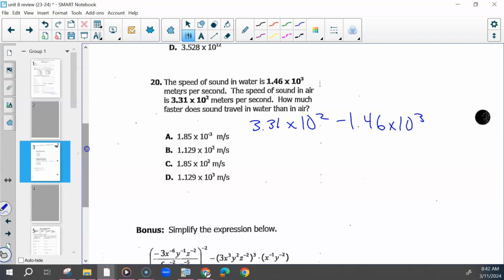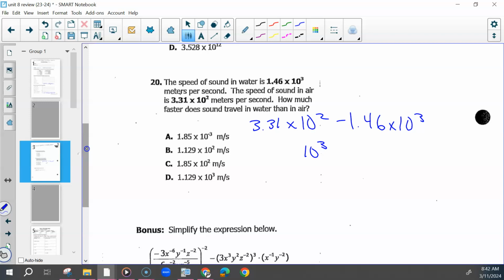But when you're subtracting, you have to make the exponents the same, so you have to figure out which one you want to change, the first or the second. So do we want to change the first or the second? You guys should change the first. Okay. So then in order to change the first to an exponent of 3, we would be moving this exponent up, which means we added, which means we're going to move the decimal place to the left.